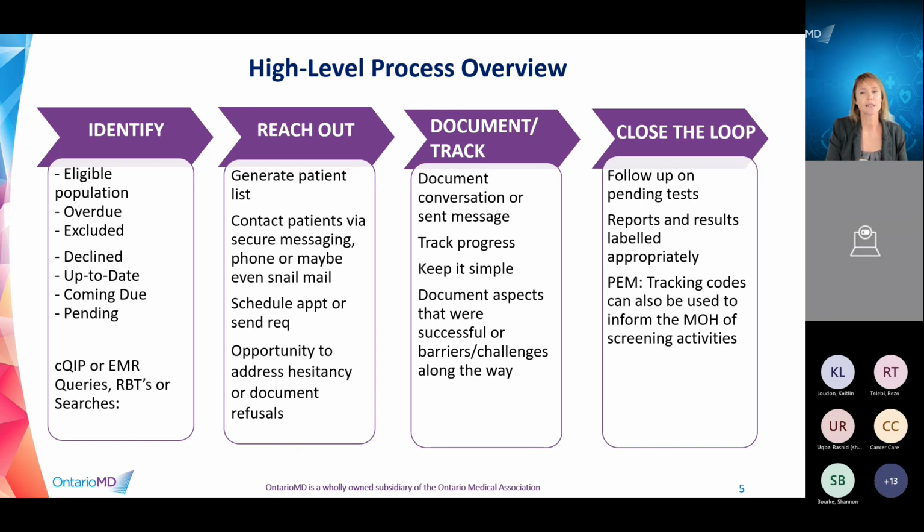And it can be helpful to document something that was super successful that you can capitalize on in future, or perhaps any barriers or challenges that you encountered so that you have these for future reference as you're developing your workflows. And from a QI lens, you want to make sure you are tracking because you want to be able to measure if and how well you are progressing towards achieving your goal.